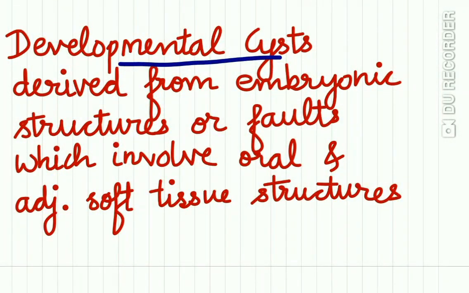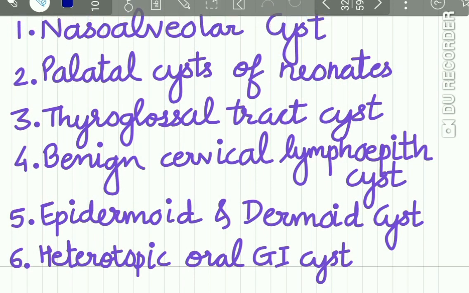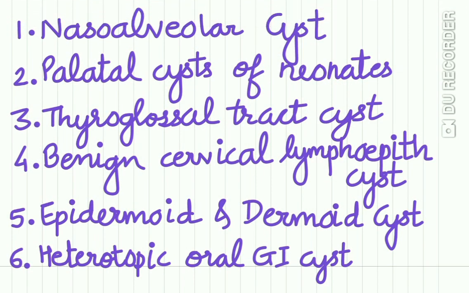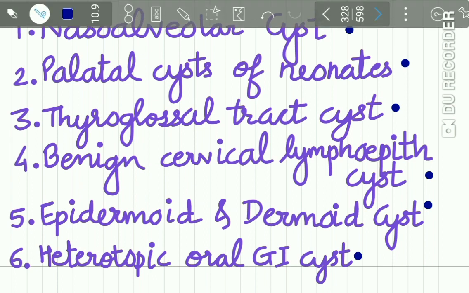These developmental cysts are derived from the embryonic structures or folds which involve the oral and adjacent soft tissue structures. The developmental cysts include the nasoalveolar cyst, palatal cysts of the neonates, thyroglossal tract cyst, benign cervical lymphoepithelial cyst, epidermoid and dermoid cyst, and heterotopic oral gastrointestinal cyst.